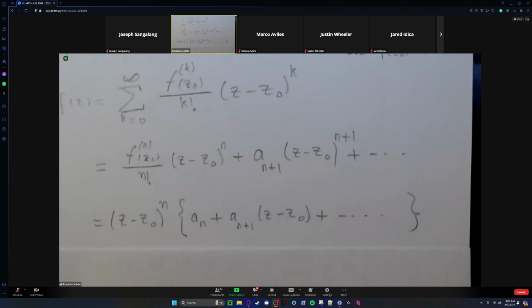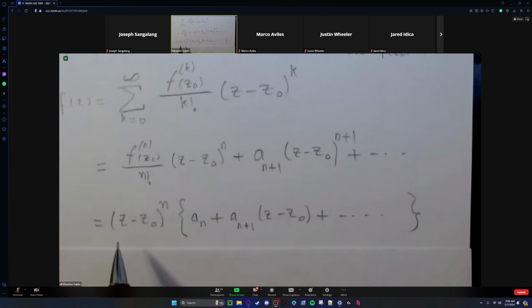So with this observation, if the function is analytic at that z naught, we have a very interesting characterization of a zero of order n.